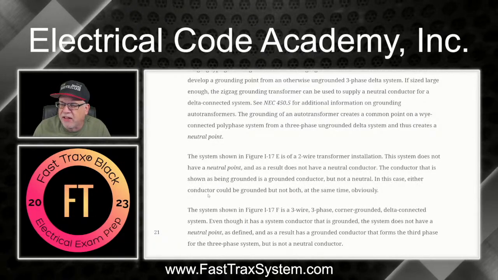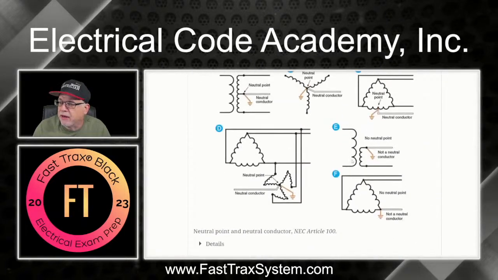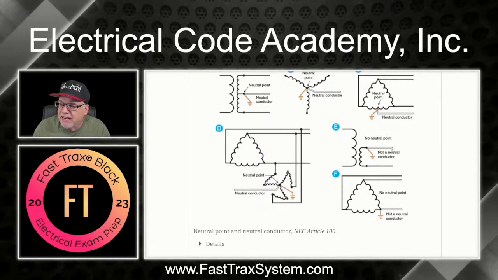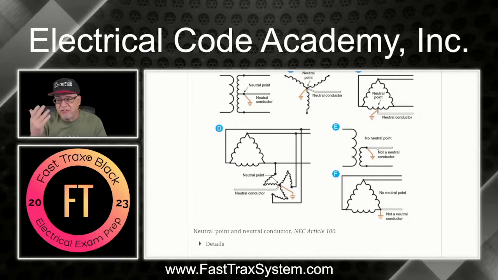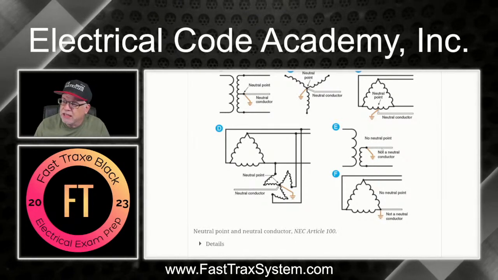In this case, either conductor could be grounded, but not both at the same time, obviously. It doesn't matter which one is grounded. This one just happens to be grounded, which creates the grounded conductor in this scenario. But you don't want to treat this conductor as a neutral. It is grounded.